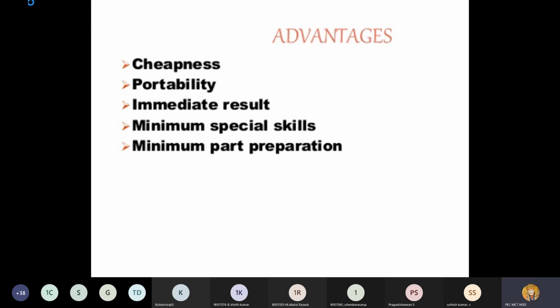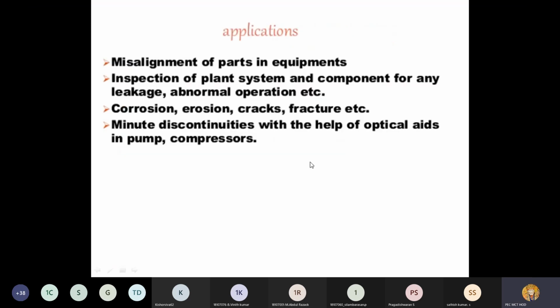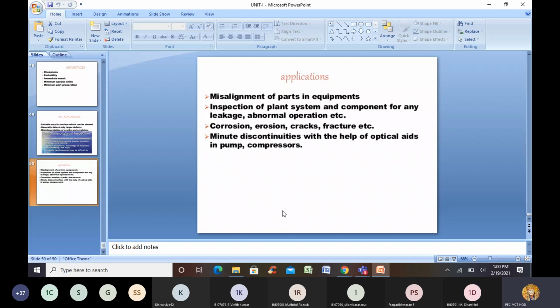Hello. Yes, sir. Hello. Sorry, clear? Yes, sir. Okay. So now I am going to put some video presentation. You can tell me whether it is visible or audible. Okay. About this visual inspection technique.